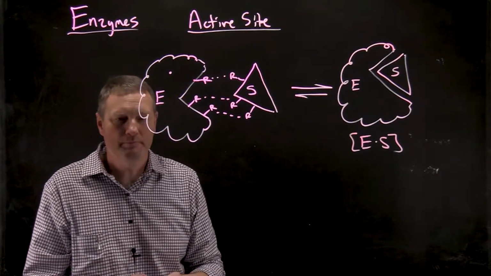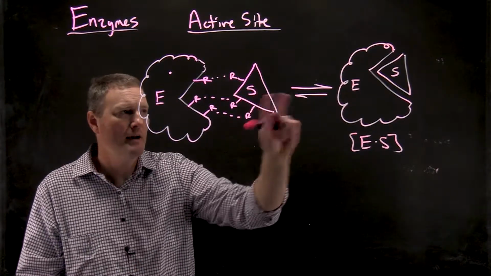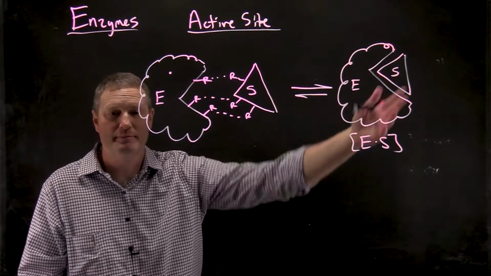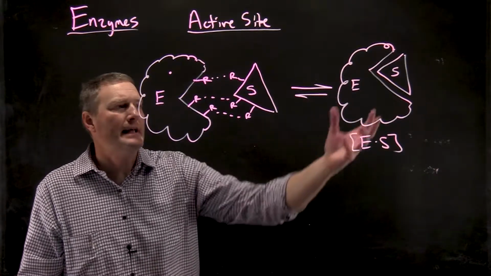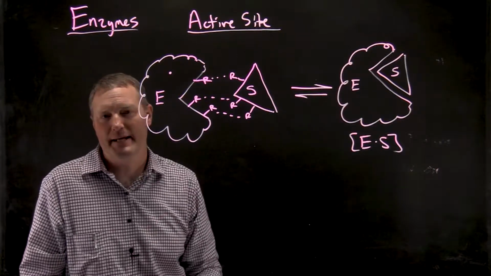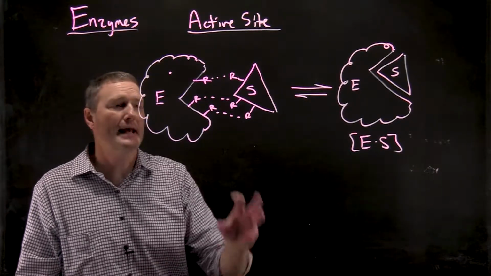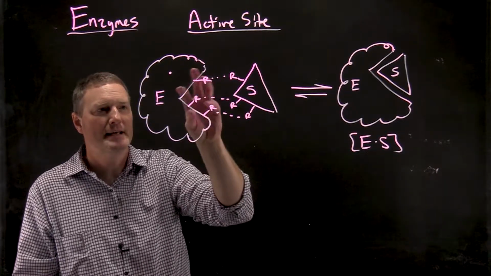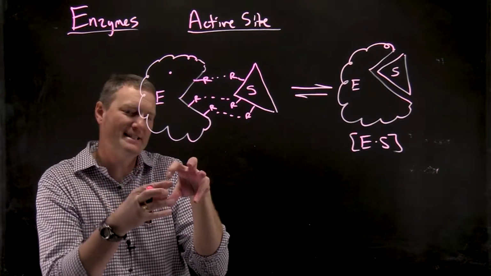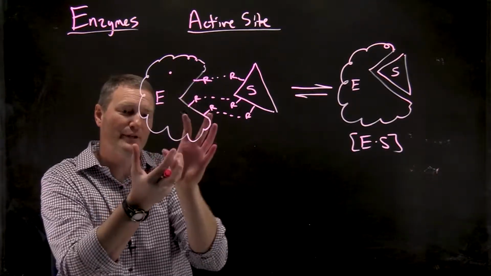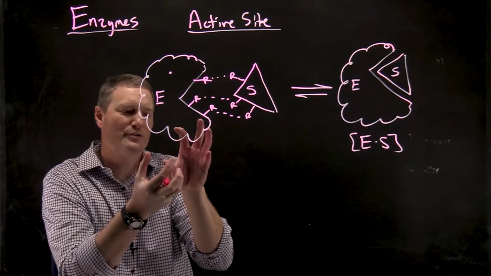So in order for the substrate to ultimately react or do some sort of chemistry, it's going to need to bind to the active site of the enzyme. And again, it's these side chains that are three-dimensionally positioned in exactly a certain way, because this is a fully folded three-dimensional protein structure.